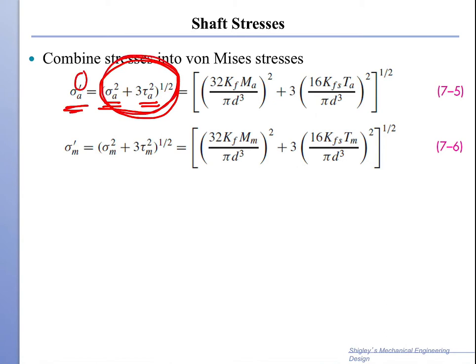So sigma prime is effective, or von Mises, and plugging in the previous formulas for sigma alternating, tau alternating, we can obtain a relationship that includes the alternating moment and the alternating torque, and the shaft size, as you can see here, as well as the stress concentration factors. Same thing can go for the mean value of the von Mises stress.